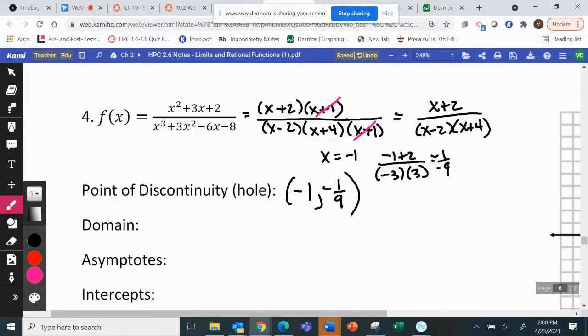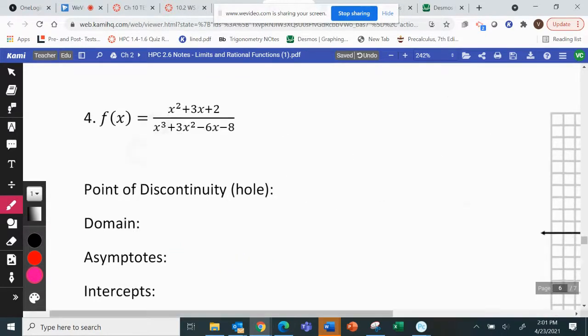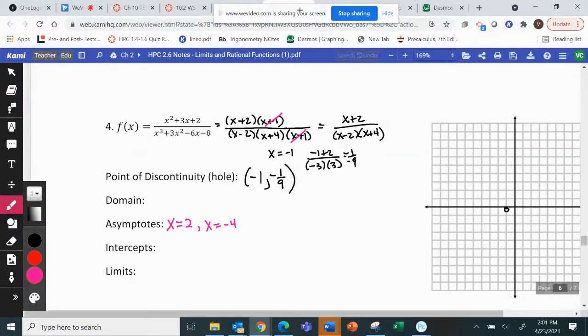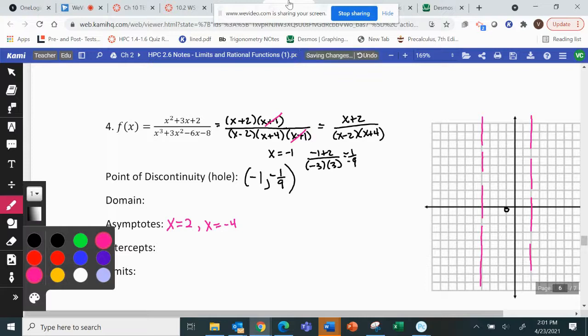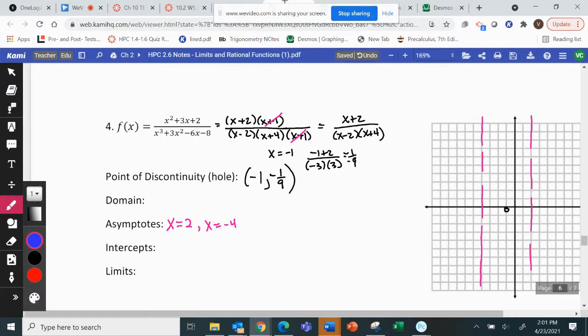Now there's actually some asymptotes on top of there being a hole. There's still variables in the denominator. So we have asymptotes at x equals 2 and x equals negative 4. When I write my domain, the domain has to skip over asymptotes and the hole.